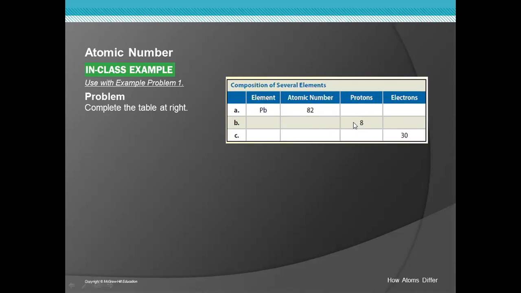I said and explained before, what is the relation between atomic number, number of protons, and number of electrons? If the number of protons was 8, what about the number of electrons and the atomic number of this element?